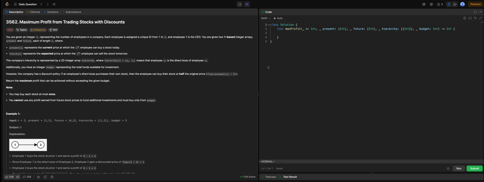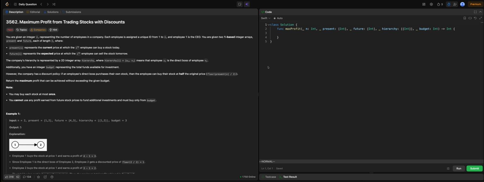We are given a 1-indexed integer array, present and future, each of length n, where present[i] represents the current price at which employee i can buy a stock today. And future[i] represents the expected price at which employee i can sell the stock tomorrow.